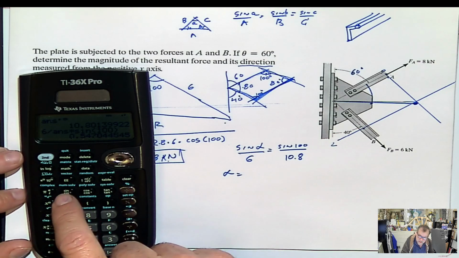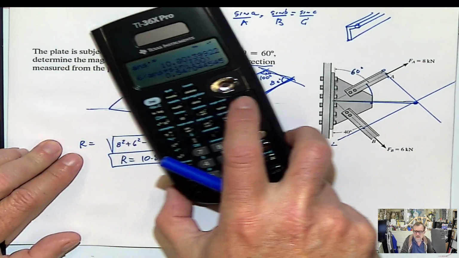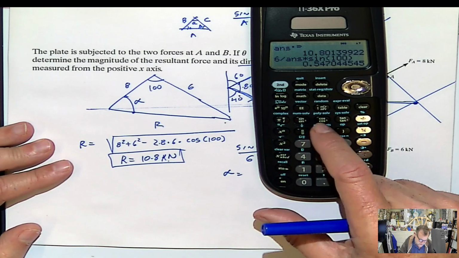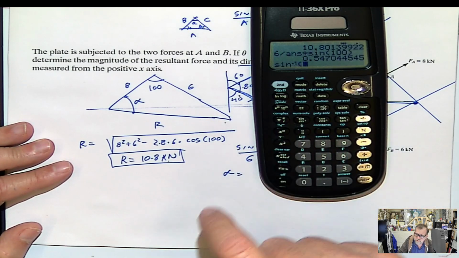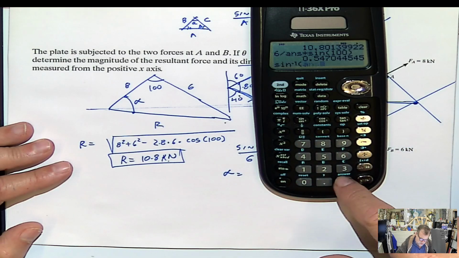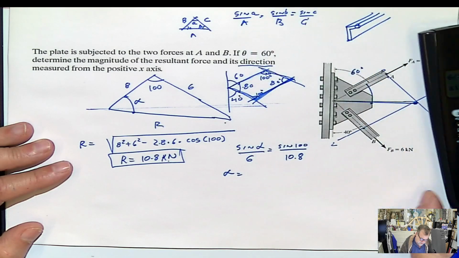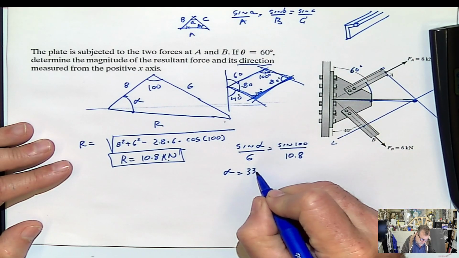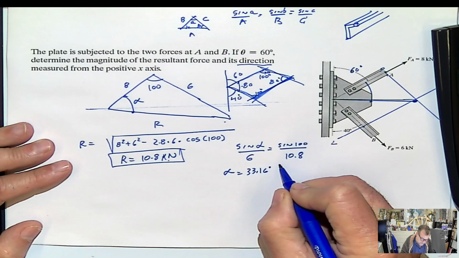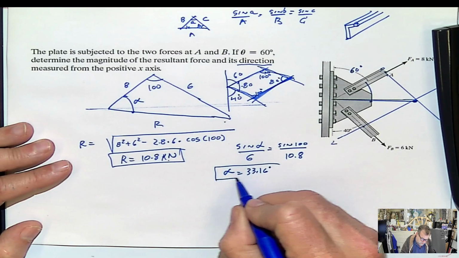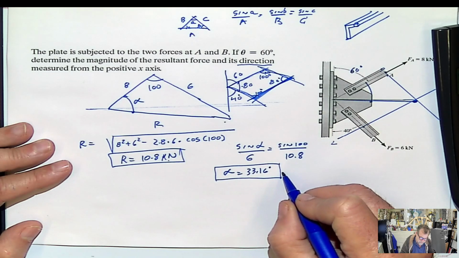Inverse sine in this calculator, the sine is pressed twice. I mean, the first inverse, the second sine. Answer, and the angle will be 33.16. Is that our direction?